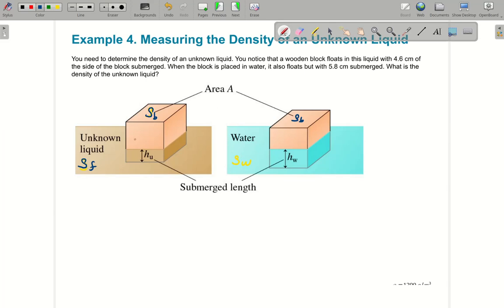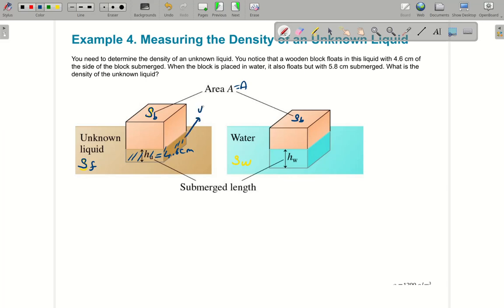You need to determine the density of this fluid. You notice that a wooden block floats in this liquid with 4.6 centimeters of the side of the block submerged. So this submerged part has height 4.6 centimeters. We're interested in submerged volume, but these areas would be the same. So if we call it area A, the submerged volume would be this height times the area.